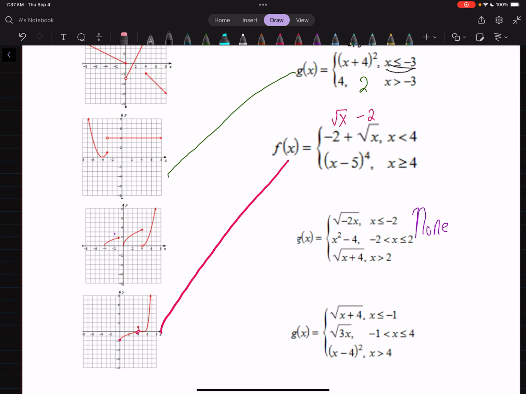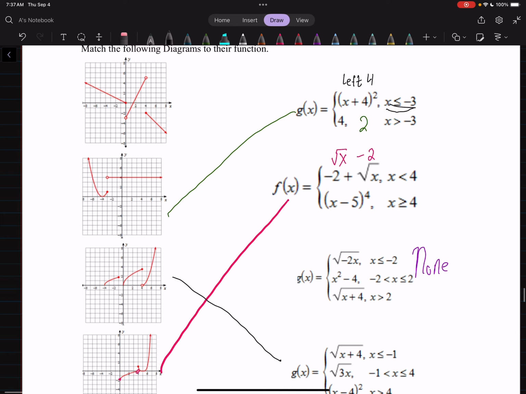x plus 4, where x is less than or equal to negative 1. It's this one. The square root of 3x and (x-4)^2 both work. It pairs with the third function.